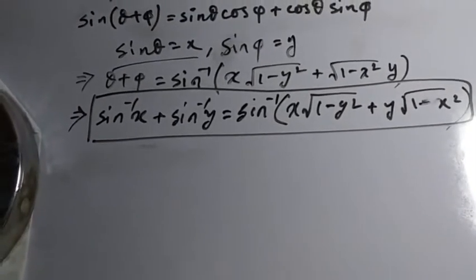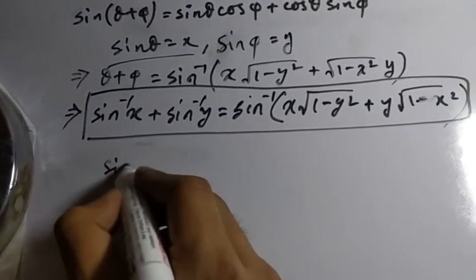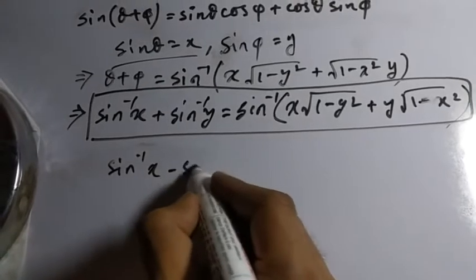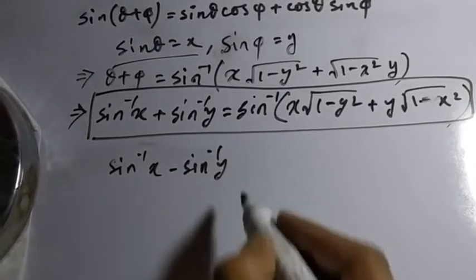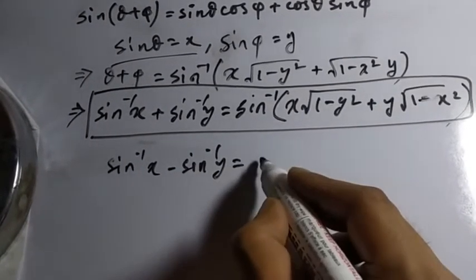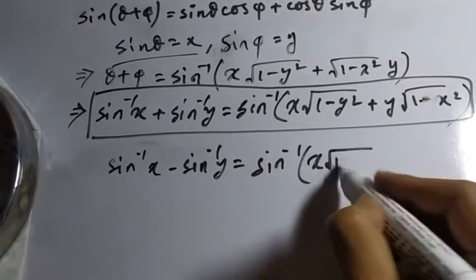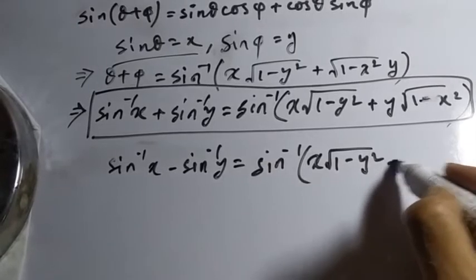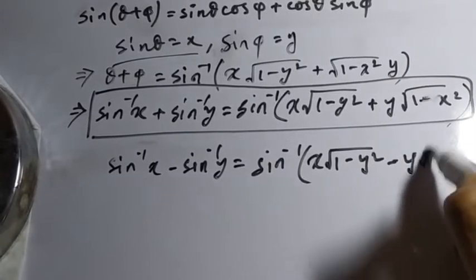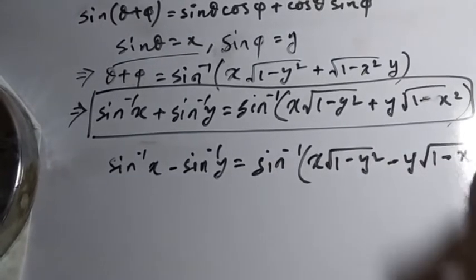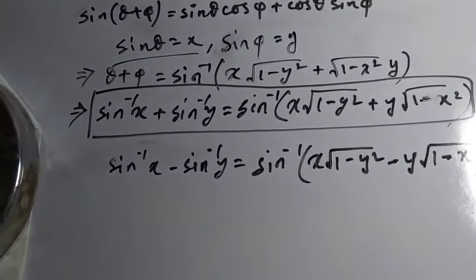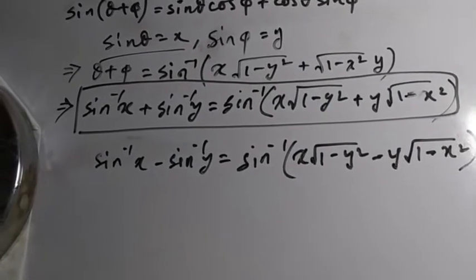Similarly, we can establish a formula for sine inverse x minus sine inverse y, and that will be sine inverse of the same thing, only with a minus in between.